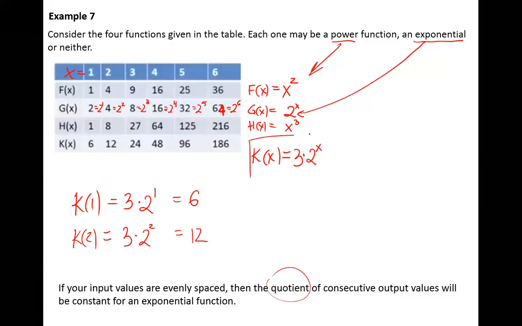That means this function is 3 times 2 to the x. We figured it out based on the numerical values provided. I think you should be okay, especially with the nice power functions. And the point is, that's the new topic, exponential.